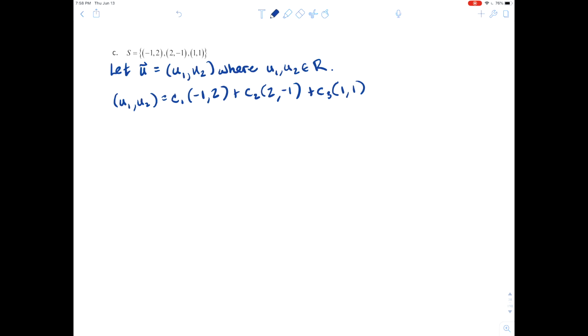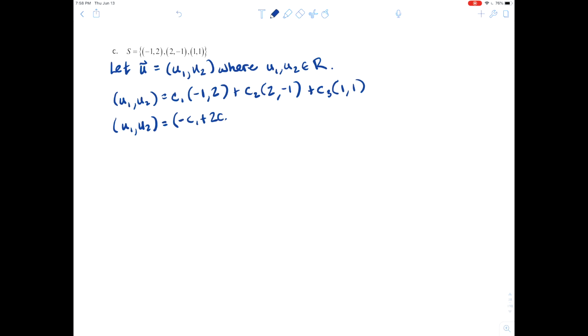Cool, cool? All right. Well, again, working a little faster, U1, U2 would be equal to one happy vector of the form -C1 plus 2C2 plus 1C3 for the first component, and then 2C1 minus C2 plus C3 for the second component.